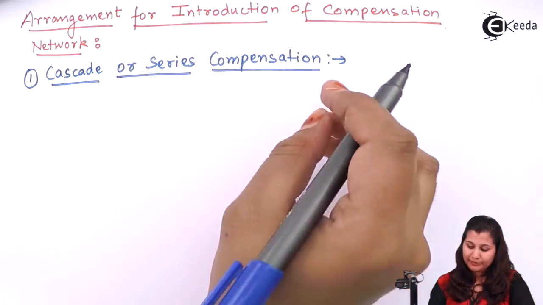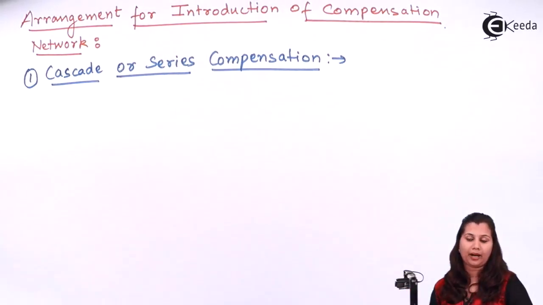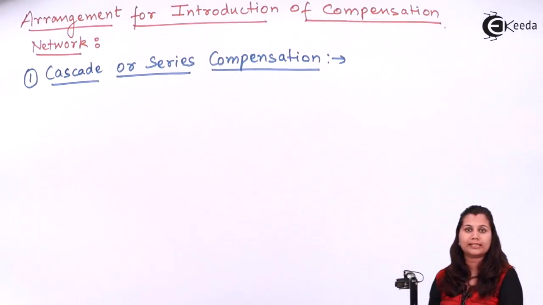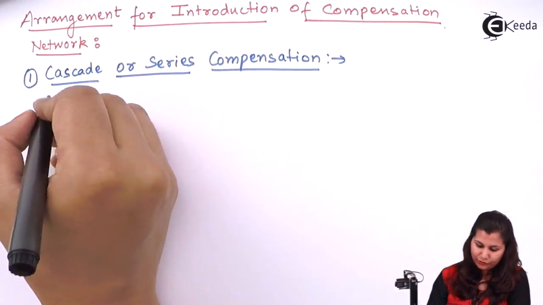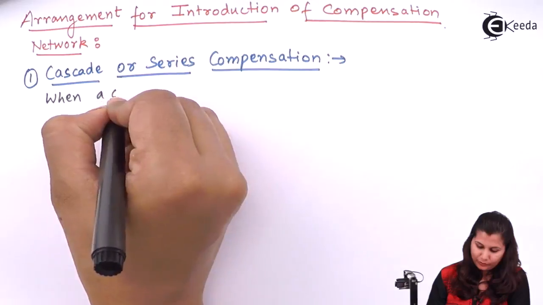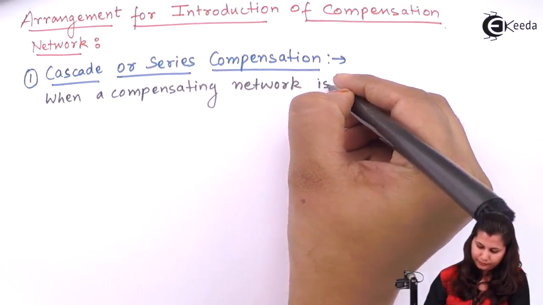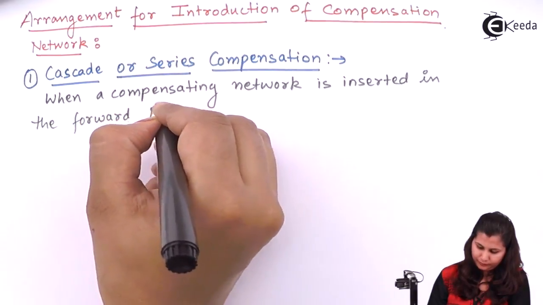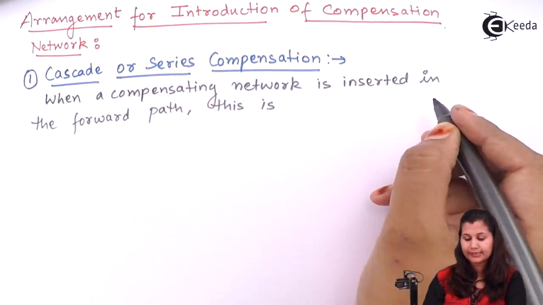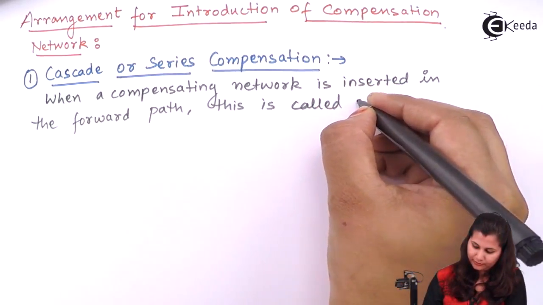When a compensating network is added in series or inserted in the forward path, that type of compensation is known as cascade or series compensation.